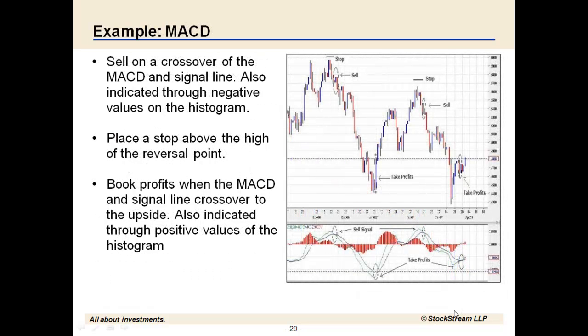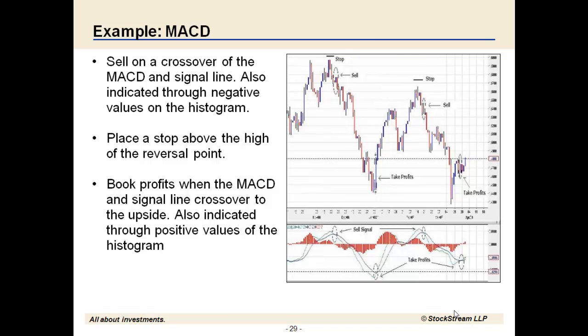The MACD consists of the MACD line, the signal line, and a histogram showing the difference between the MACD and signal lines. Negative values on the histogram indicate a downward bias and vice versa.